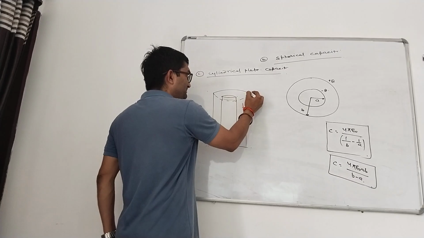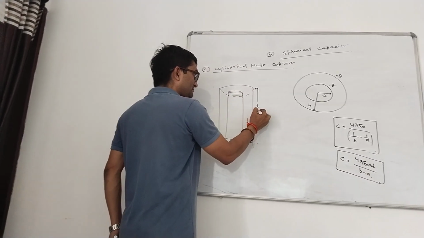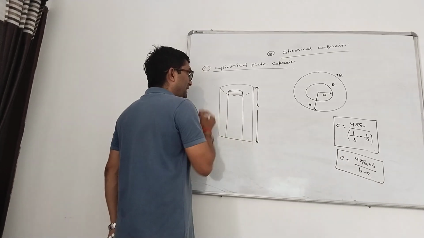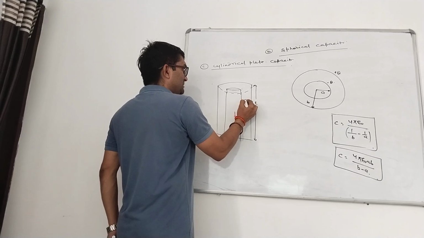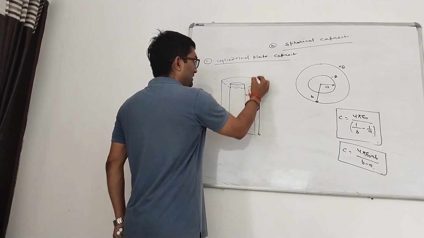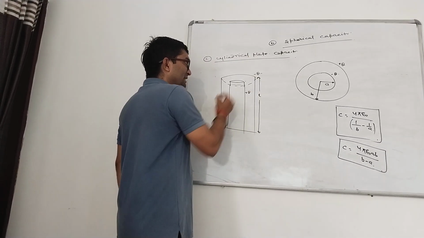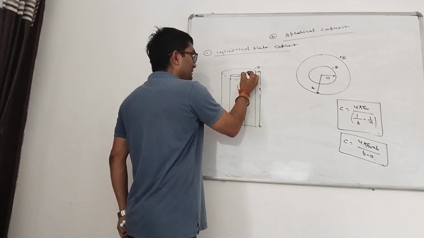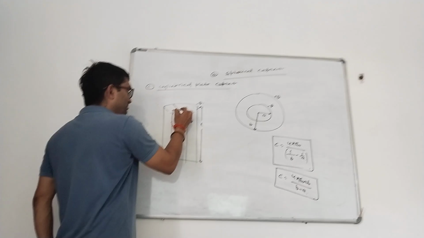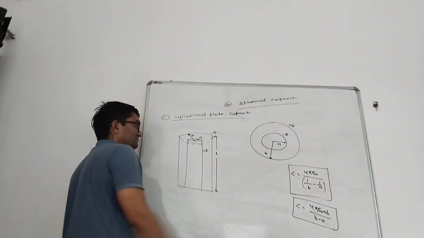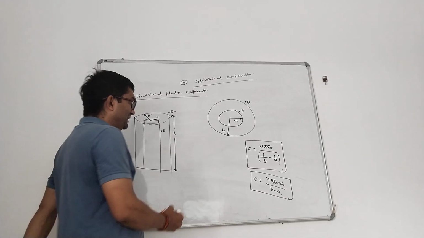Their length I will assume L, and suppose positive charge on the first plate and negative charge on the second plate. Their radii I will assume A and B. So their capacity becomes what?